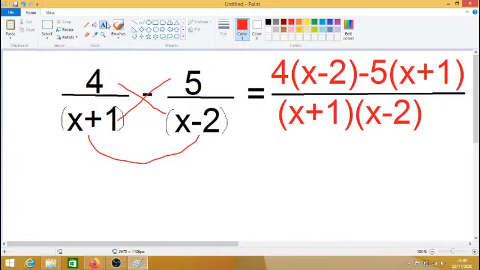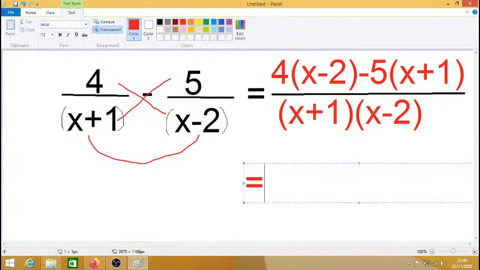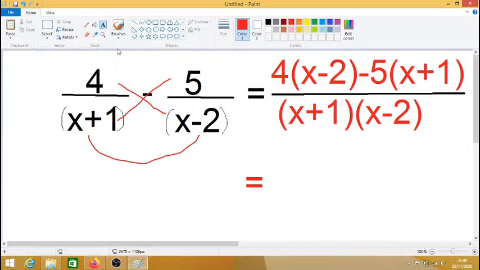And now we just want to keep the bottom bit as it is. No need to rewrite that. But we do want to write the top bit out in a way that's much simpler. So here's where what you practiced at the beginning is going to come in. So expanding out the top, 4x minus 8, that's the easy bit.